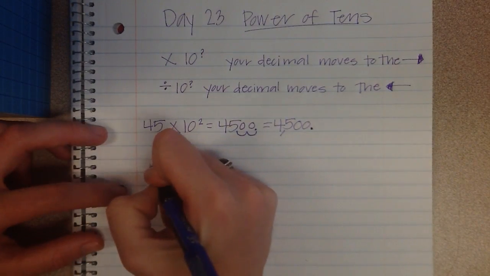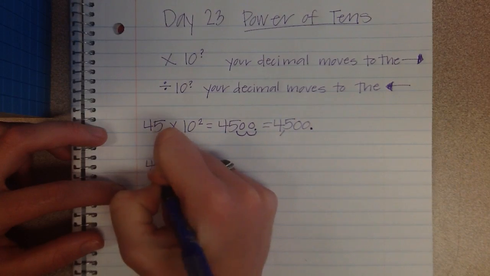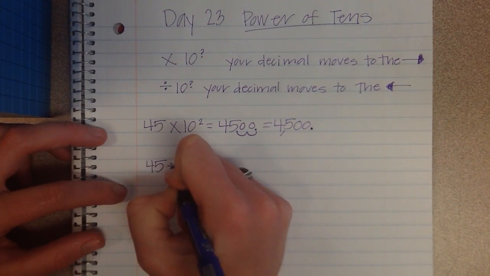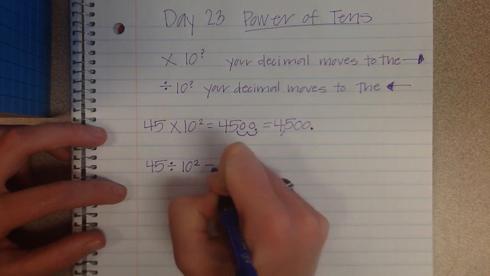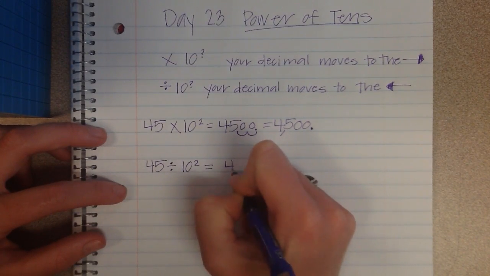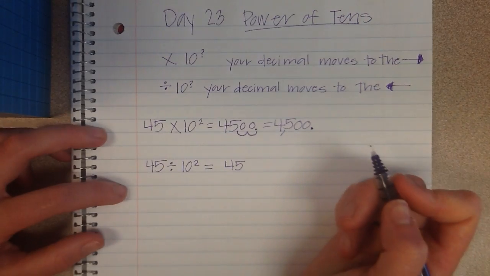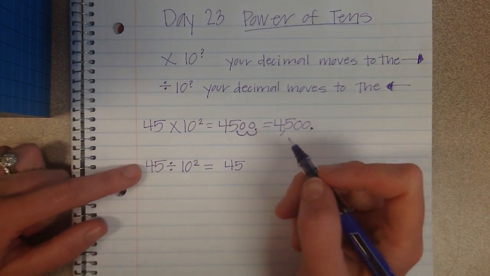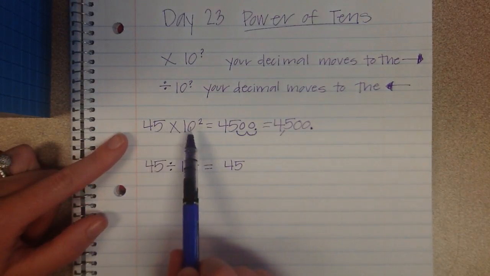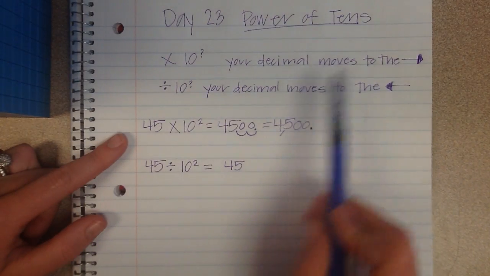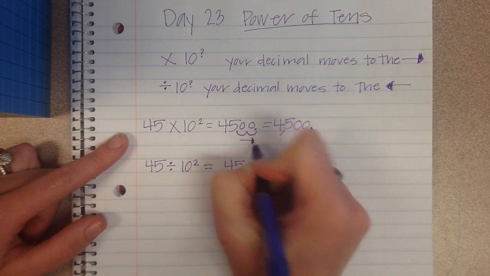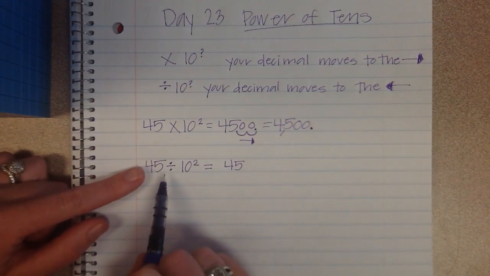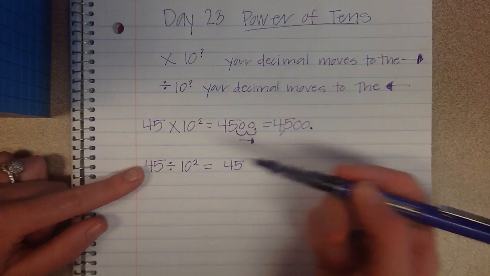If you did 45 divided by 10 to the second, you're going to write your number 45 right there. So you write your starting number. See here when we multiplied, because we multiplied, your decimal moved to the right. Now because we're dividing, our decimal is going to go this way.